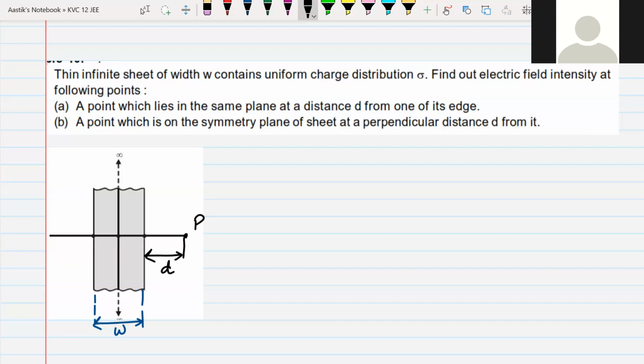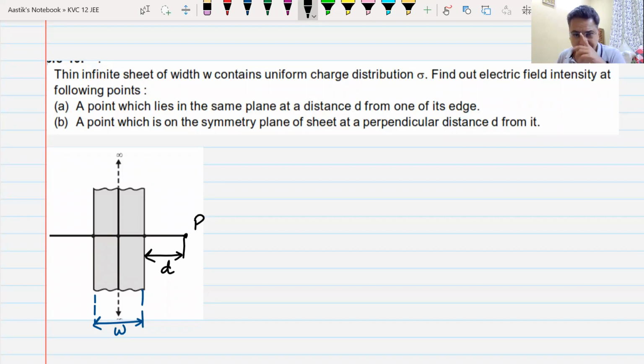Anyone knows how to do this? Now remember, how you got to do this is you will have to break this sheet into small parts, like this. Each small part will have a thickness of delta x, and this small part will be at a distance x.